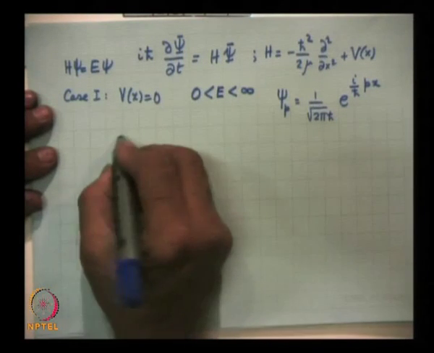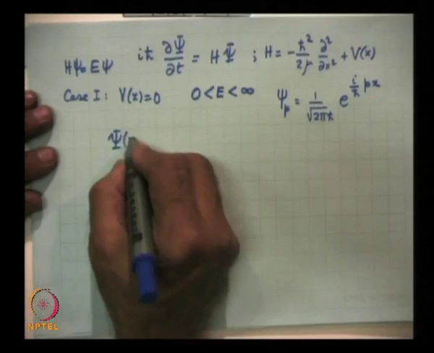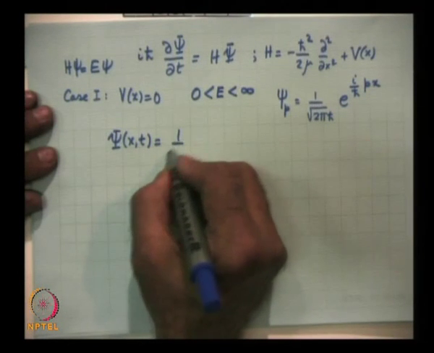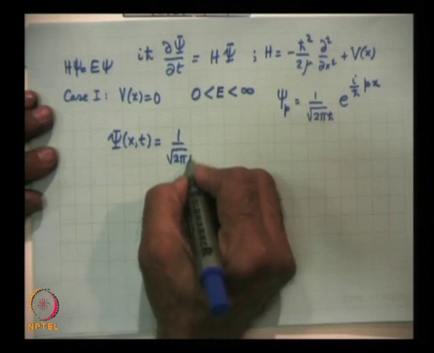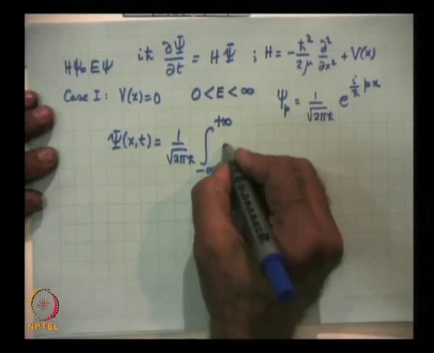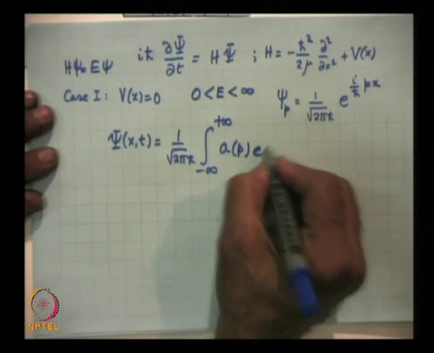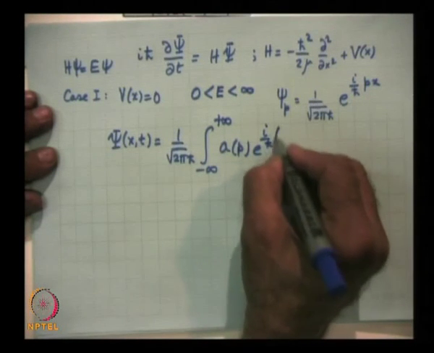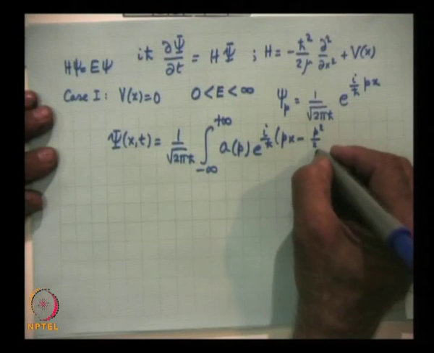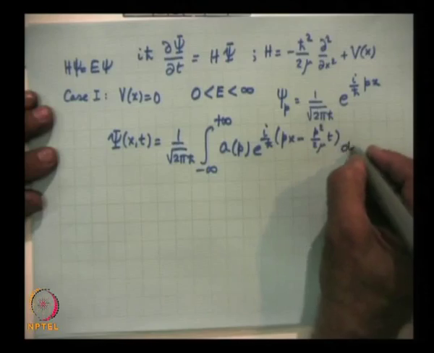And what is the most general solution? Because these are continuum solutions, I will have psi of x t equal to 1 over root of 2 pi h cross, the integral from minus infinity to plus infinity of A p e to the power of i by h cross (p x minus E t), that is p square by 2 mu t, dp.